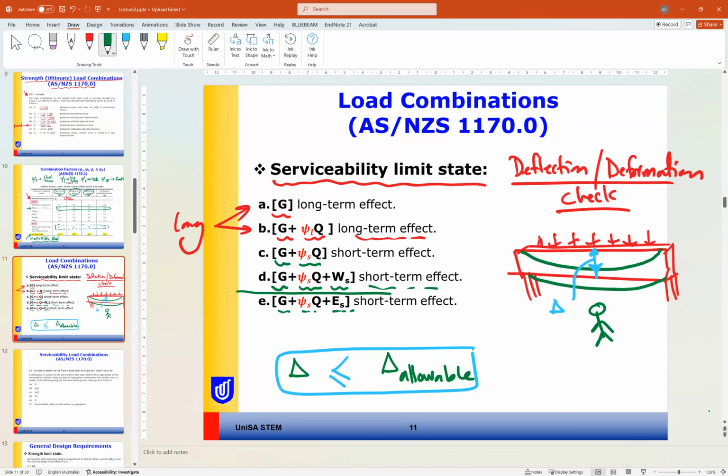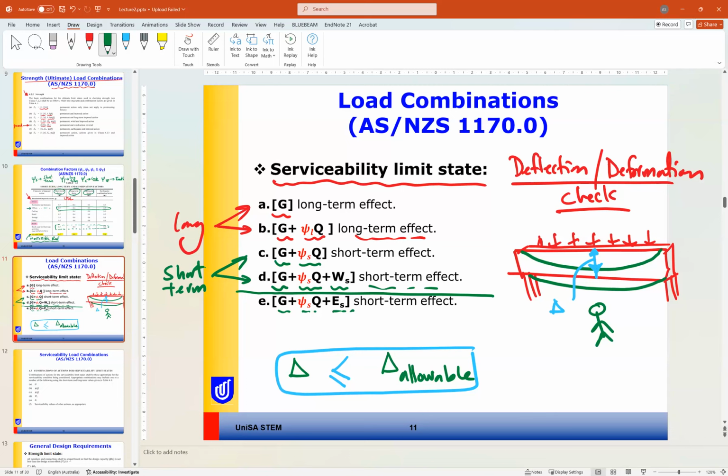So these two are for short-term effect. If you are checking the deflection for long term, you have two combinations, G and G plus psi L Q. If you are doing short term, we have G plus psi S Q and G plus psi S Q plus WS.